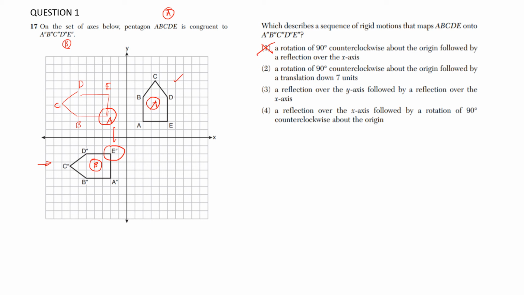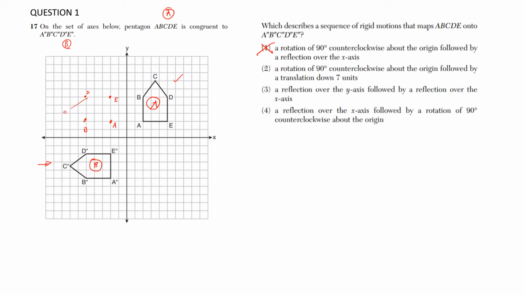So let's try choice 2. I'm going to erase the work for choice 1. A rotation of 90 degrees counterclockwise about the origin, same idea here. Here's point A. I'll do this to scale. Here's point E, here's point D, here's point B, and here is point C, right in the middle.